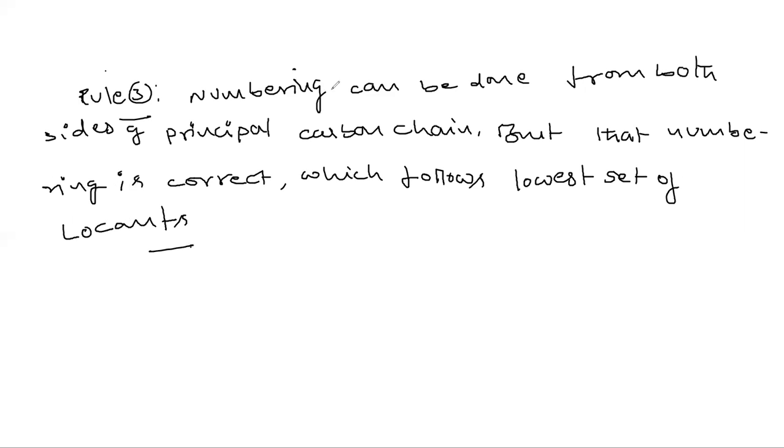Lowest set of locants. So that means numbering can be done from both sides of the principal carbon chain, but that numbering is correct, which follows the lowest set of locants.